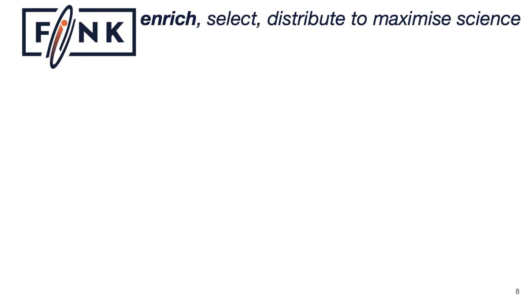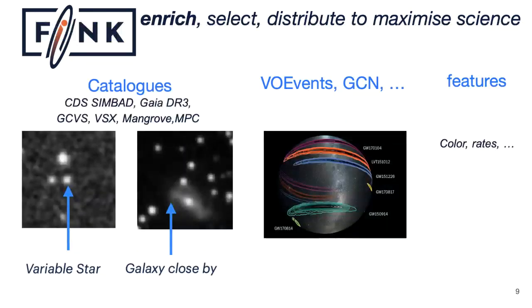And then we start enriching it with information from things like catalogs, like cross-matching coordinates, trying to cross-match footprints, using like VOEvents, GCN notices, for very fast transients, maybe like a gravitational wave detection, maybe a GRB detection. And we also compute features.